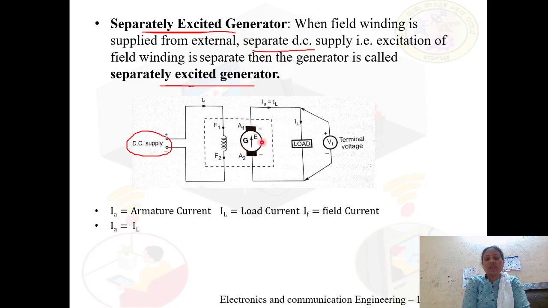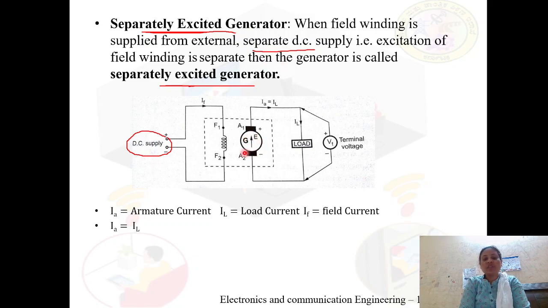Now this EMF contains the terminal voltage, which is nothing but a part of the EMF. But not only this terminal voltage, there are some other factors which are a part of the EMF here. Now let us see what are those factors.